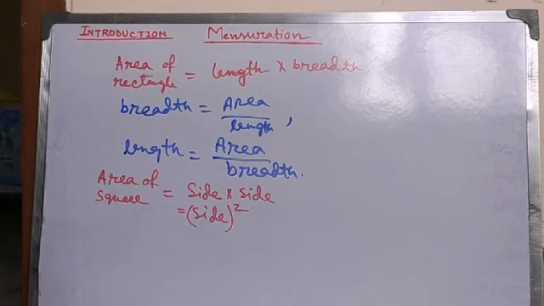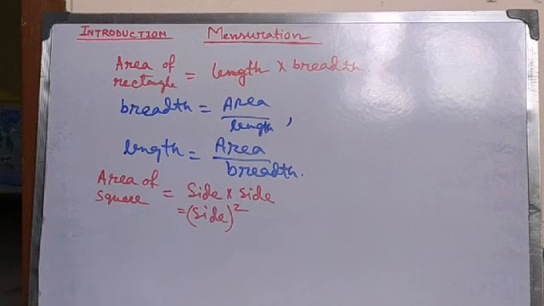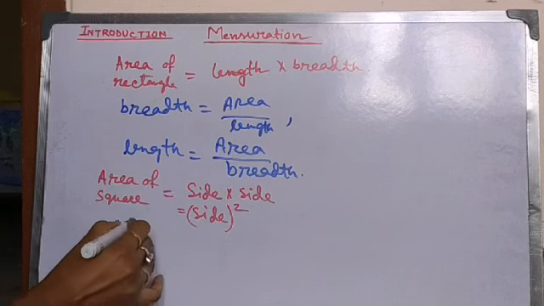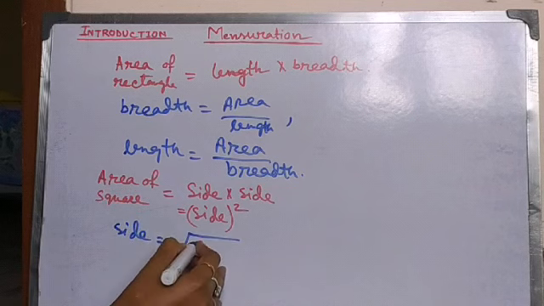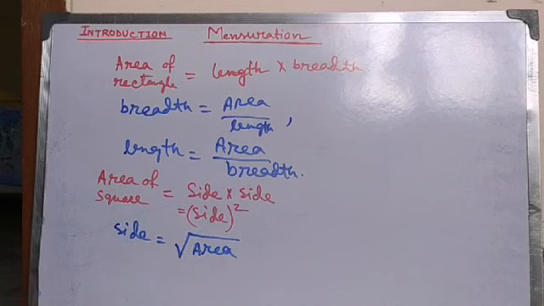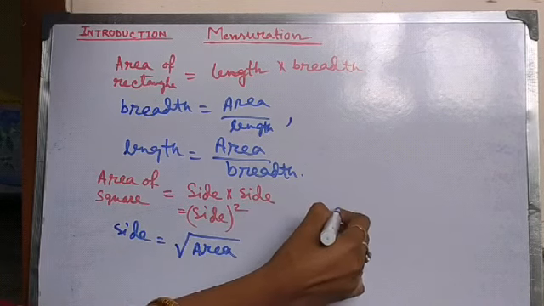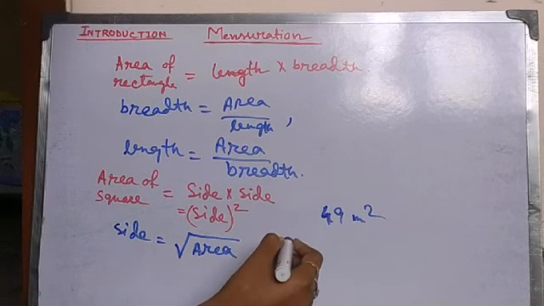Now for a square, area is side into side, that means side square. If area is given and we want to find the side, then side equals root of area, because the squaring is removed and the root comes in. Suppose a square's area is given as 49 meter square, what will be its side?